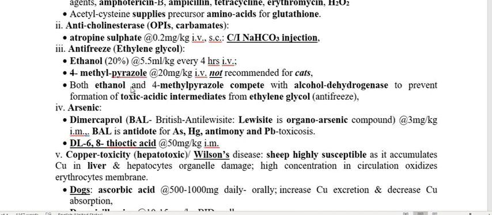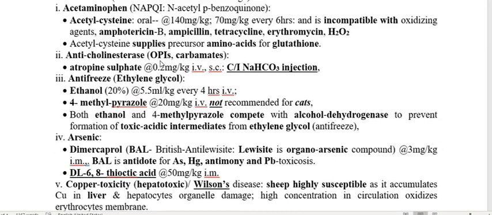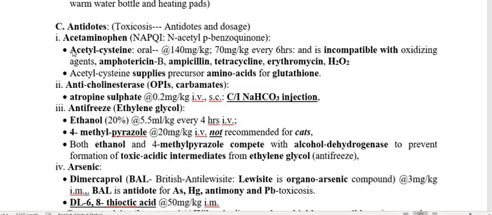So ethanol and 4-methyl pyrazole are the antidotes for ethylene glycol, whereas for organophosphorus and carbamate the antidote is atropine sulfate, and the antidote for acetaminophen or paracetamol is N-acetylcysteine.